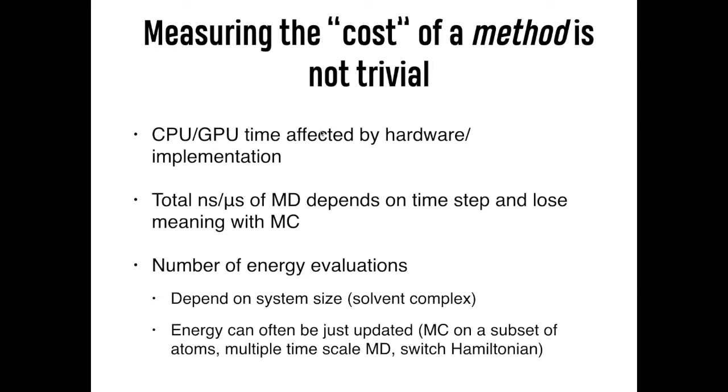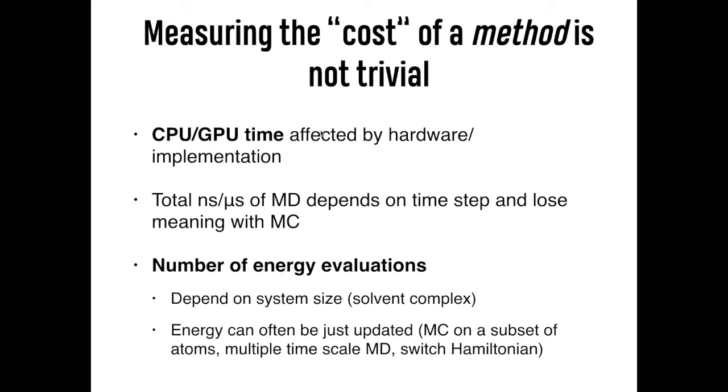So energies can be updated sometimes. When you switch the Hamiltonian, only the terms that change need to be updated. When you do a Monte Carlo on a subset of moves, you don't need to compute all the n squared interactions plus bonds plus everything. So we decided to ask the participants for both CPU and GPU time and number of energy evaluations.